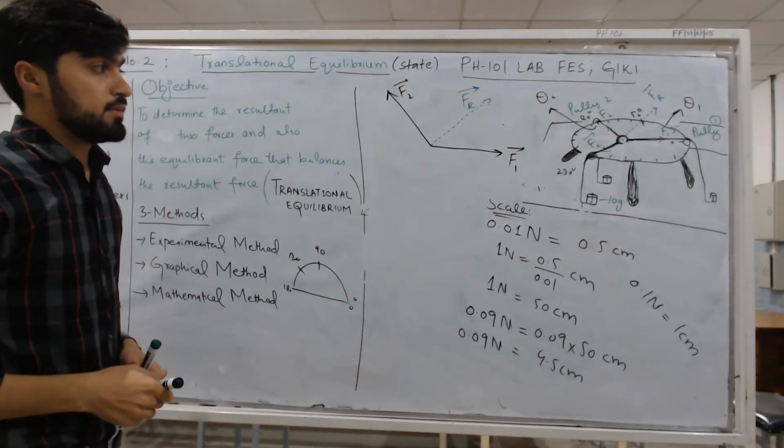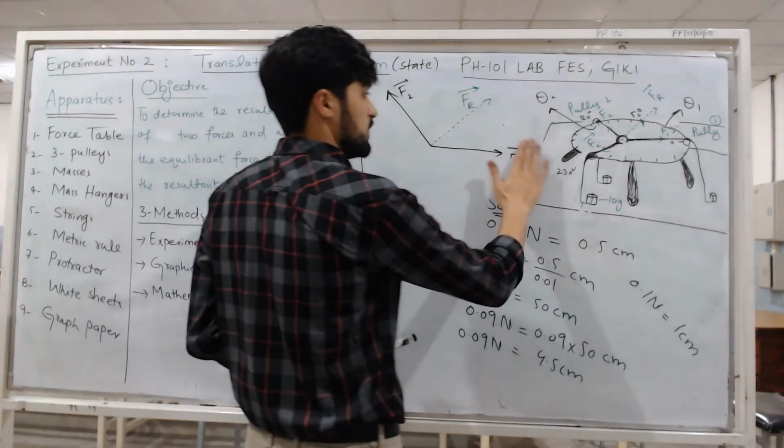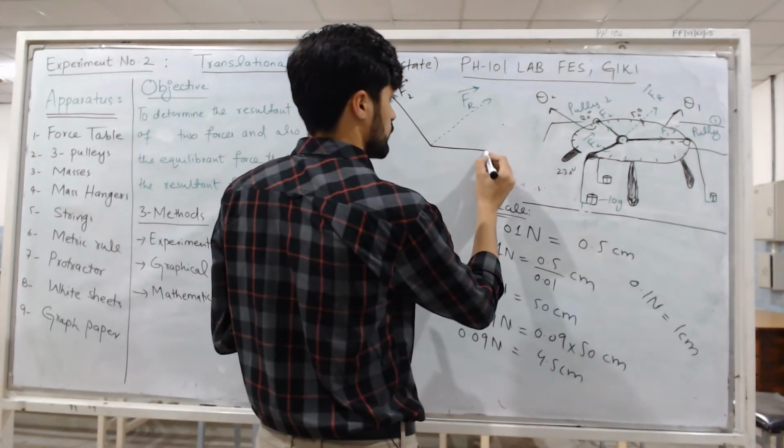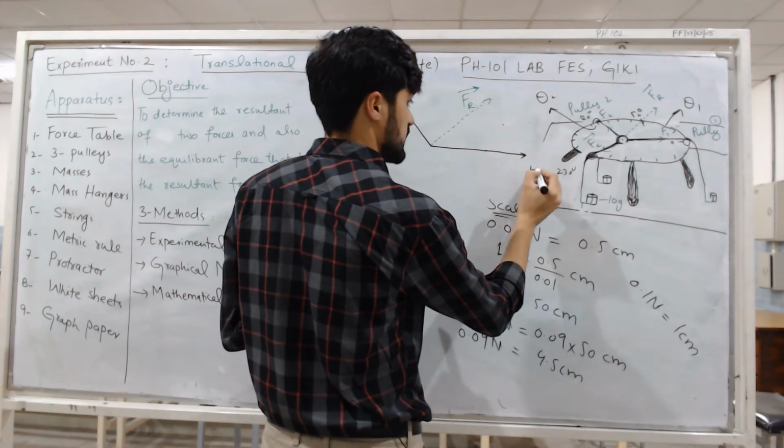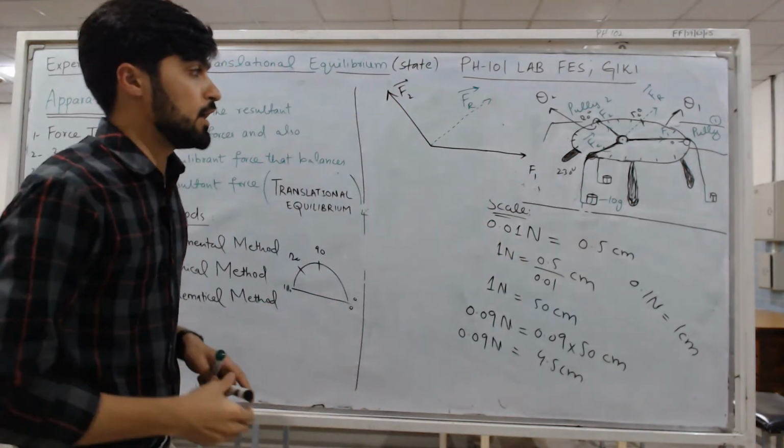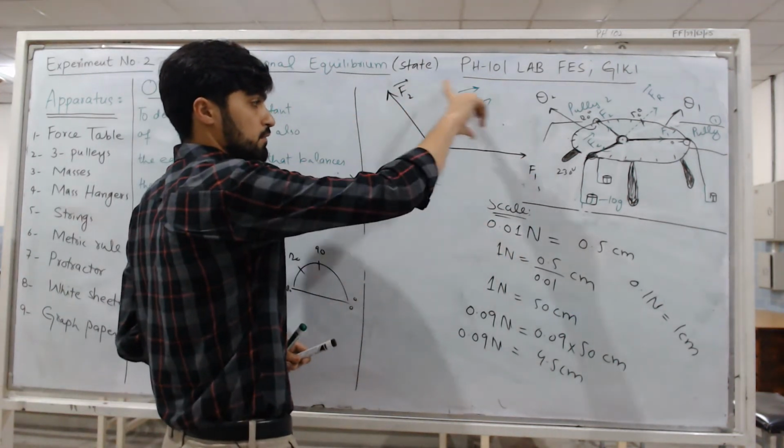Now we know the parallelogram law of addition. So these two forces must have an equal magnitude. This is F1, and now I am adding F1 with F2.